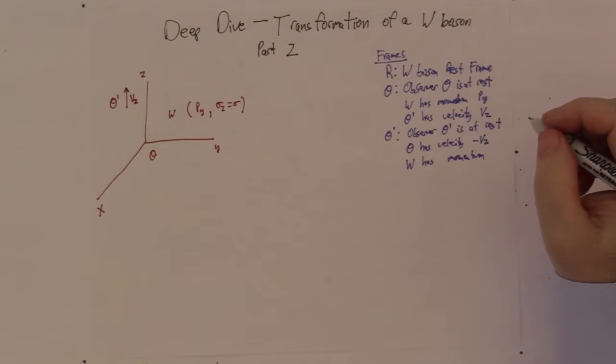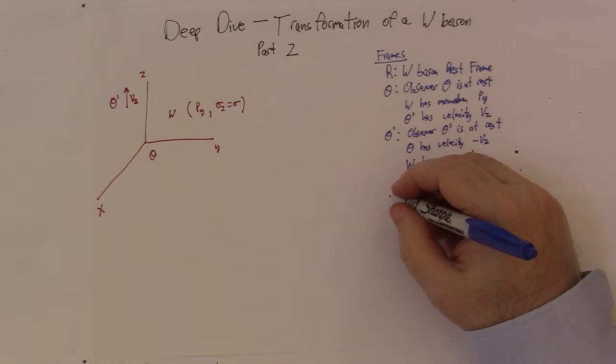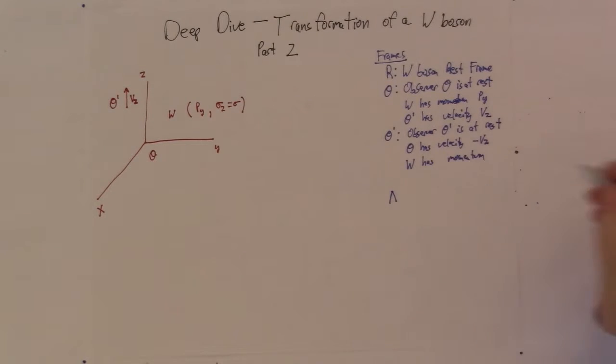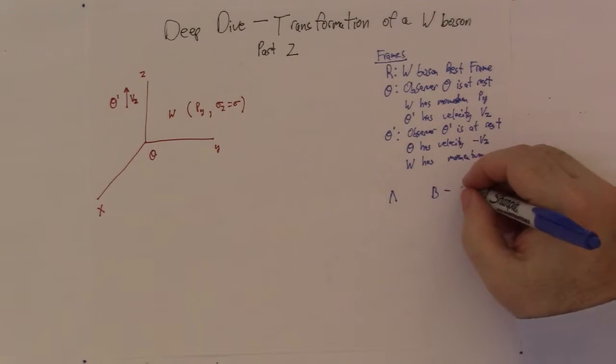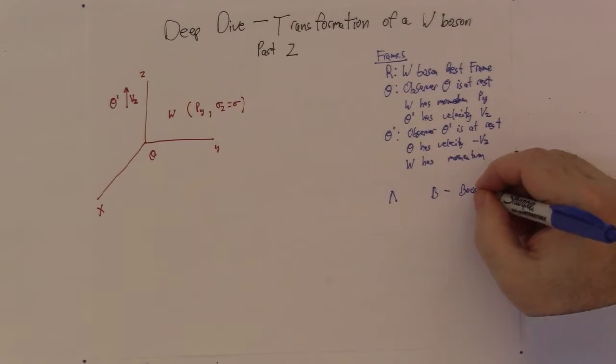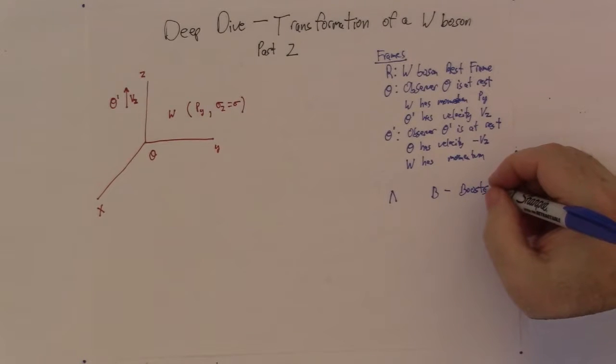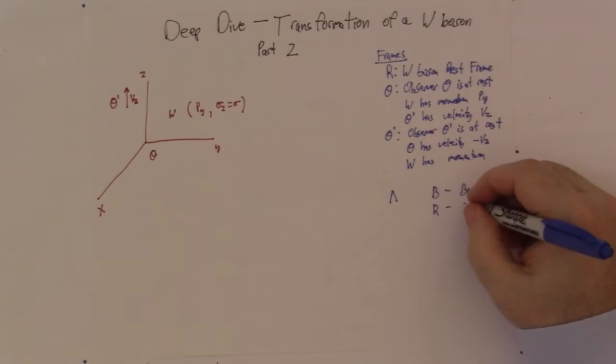I want to define our notations first. For Lorentz transformations lambda, there are two types of transformations. You can have boosts, B, which are just velocity transformations. And we can have rotations, pure rotations.